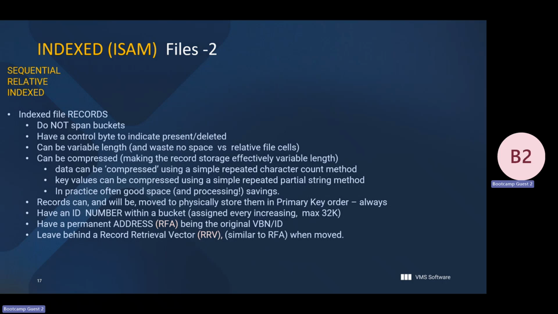The compression is very simplistic. We don't have a table of nice patterns. The data has a simple repeated character count method, which is wonderful for those COBOL programs printing print lines, 132 bytes and 80 spaces at the end. We just say 80 spaces.